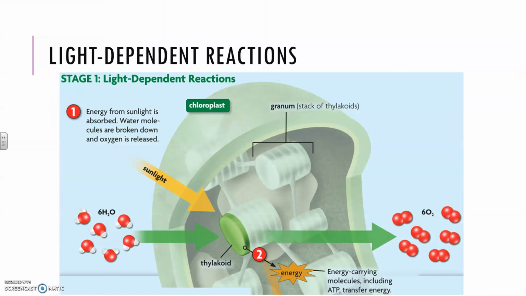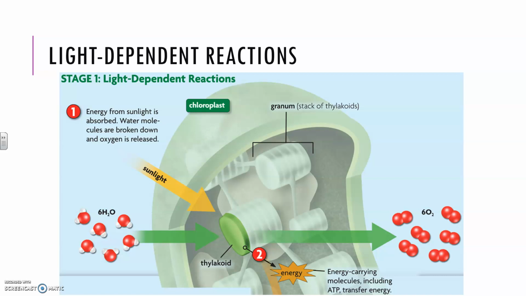So this is looking more at how the light-dependent reactions take place. You have the sunlight bringing energy into the thylakoid membrane, and you also have water that's brought into the thylakoid membrane. It is split, which we'll get into in a little bit, and then oxygen is released from this. You need 2 water molecules in order to release 1 oxygen molecule.